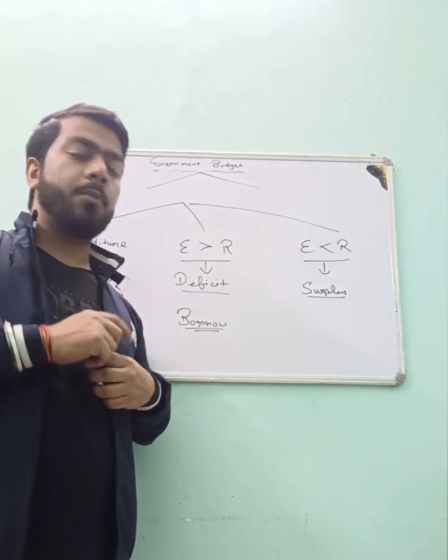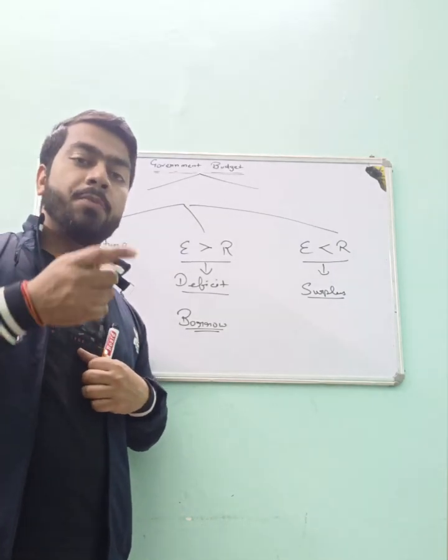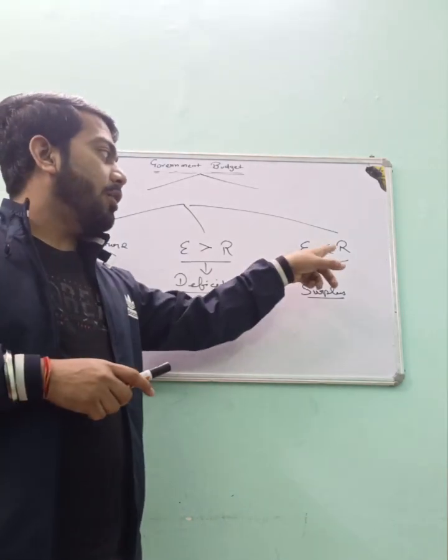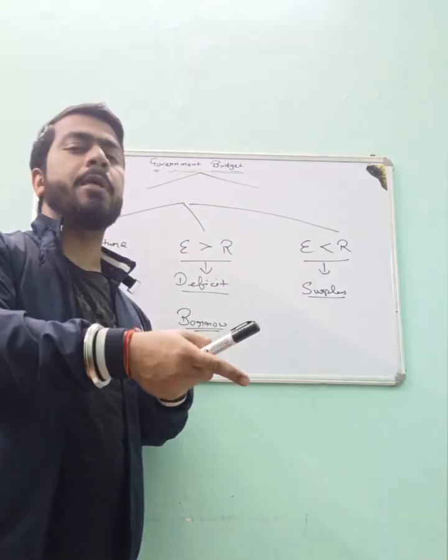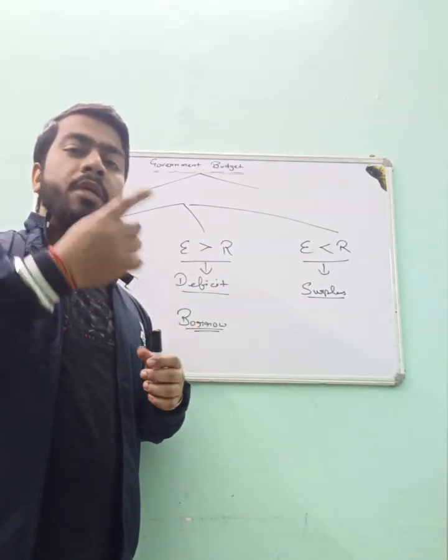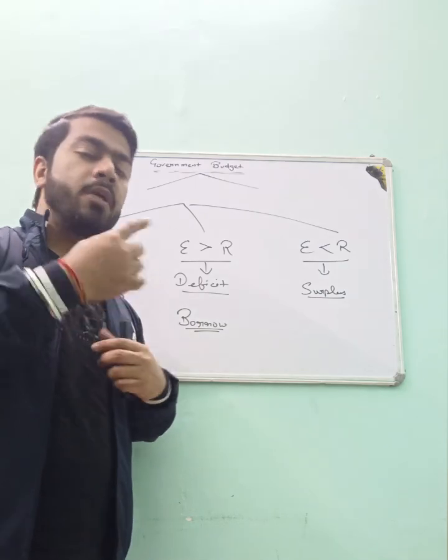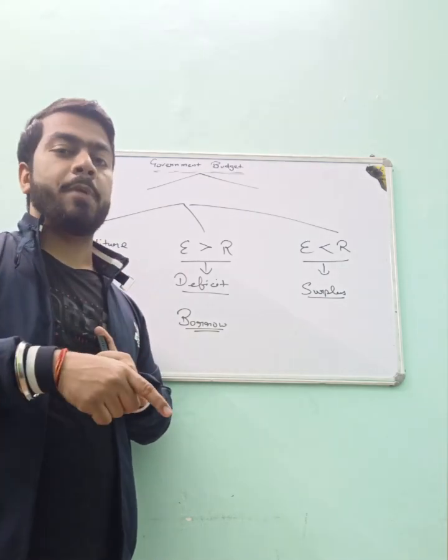We are not spending that money for welfare or for GDP growth. So if we are receiving more money, then we have to spend more, either to increase GDP or to increase welfare.